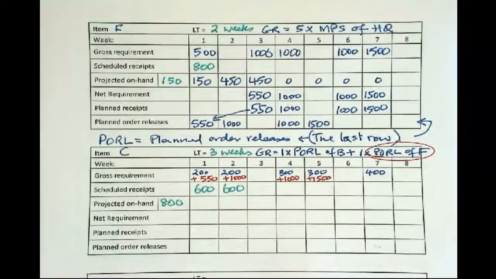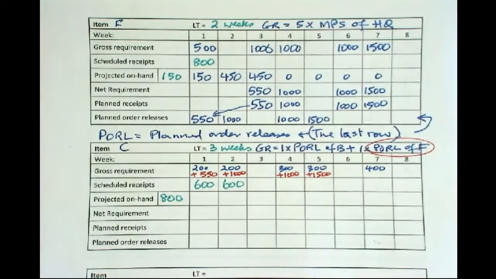So those are the gross requirements for item C.